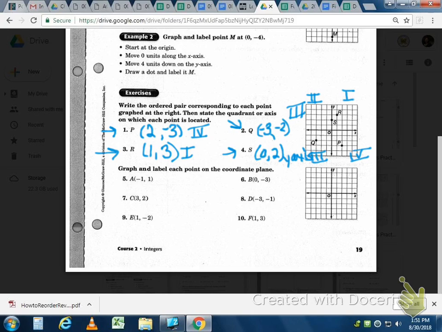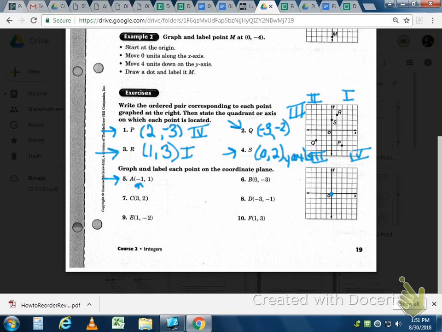Next, we're going to practice graphing a few of these. It says graph and label. So we're going to do point A. Every time you graph one of these, remember you're starting at the origin, 0, 0. You look at the first number, it tells you whether to go left or right and how many steps.